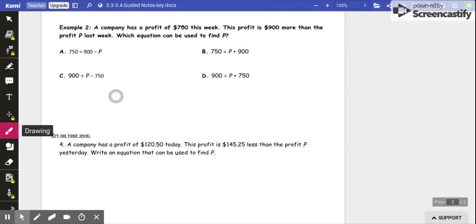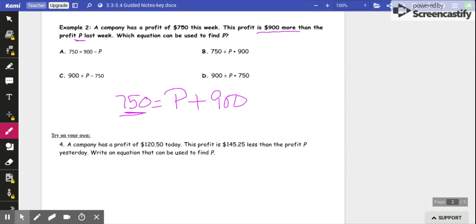It also says that the profit of $750 is 900 more than last week's profit, which we're going to call P. So last week's profit, P, plus the 900 is going to equal my $750. Which of the equations above would look like the answer I have just written down? So we should have B as our answer.